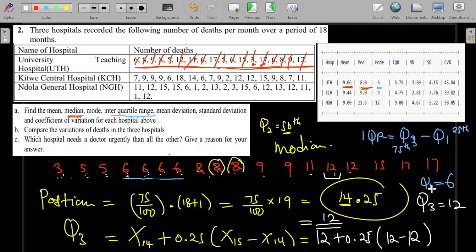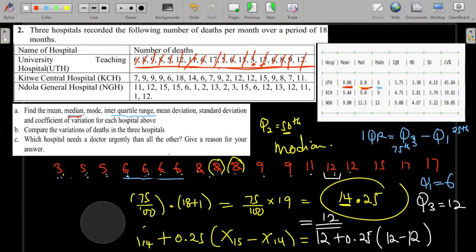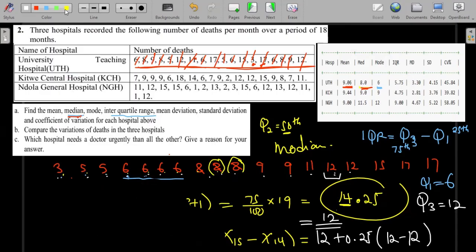And then we can subtract the 2. So I'm going to erase this part. So the interquartile range will be the Q3 minus the Q1. So that will be 12 minus what? 12 minus 6.